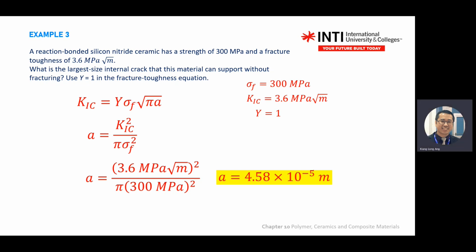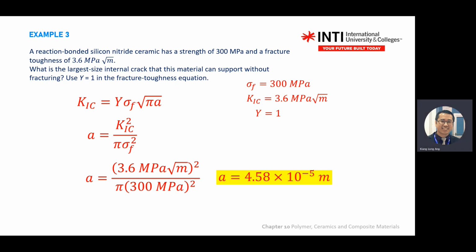It's a unit. KIC is a unit. Have you studied how to do dimension analysis? I'm not sure which module, but there's a module that teaches you how to do dimension analysis.